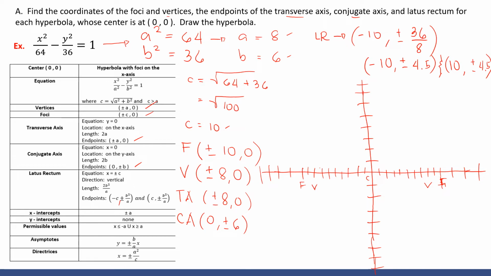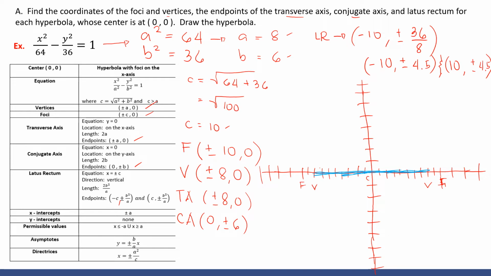The transverse axis is plus or minus 8, 0, meaning the endpoints of the transverse axis are at the points (8, 0) and (negative 8, 0). This is what the teacher drew in blue, up to 8. So this will serve as our transverse axis. And then for the conjugate axis, we have 0, plus or minus 6.